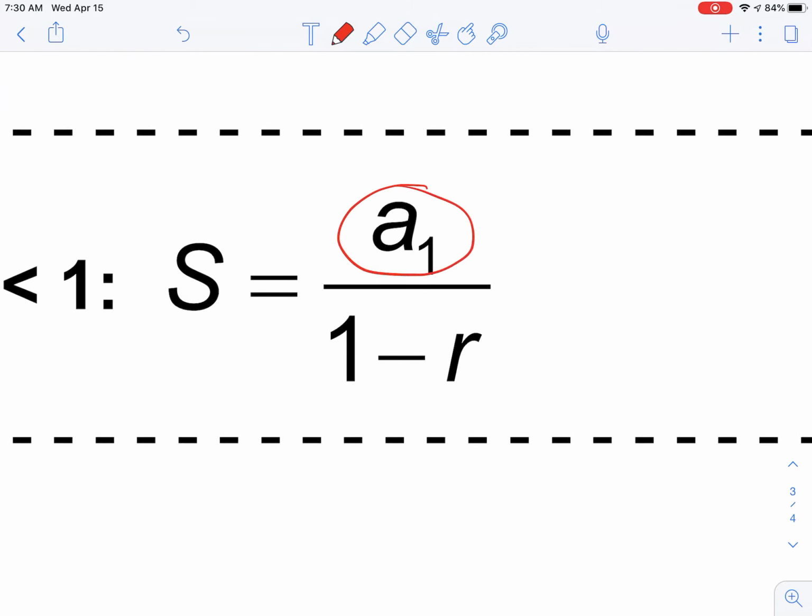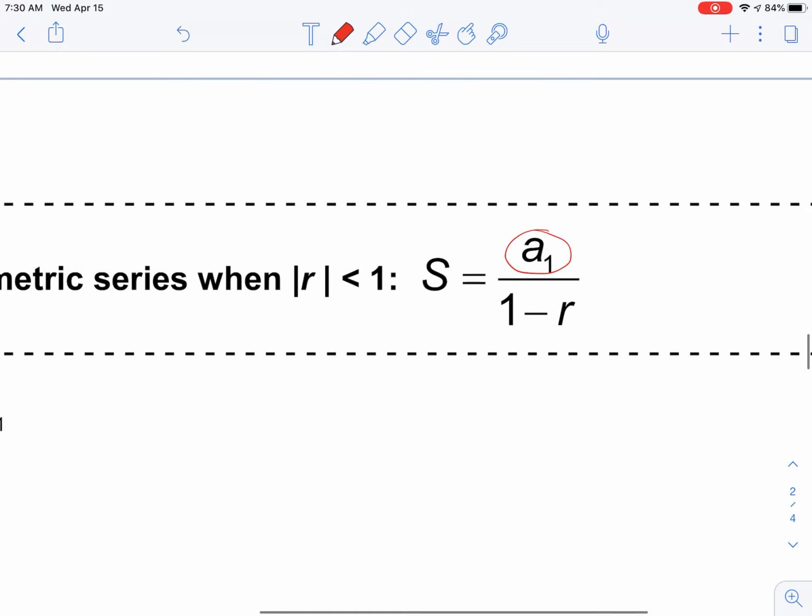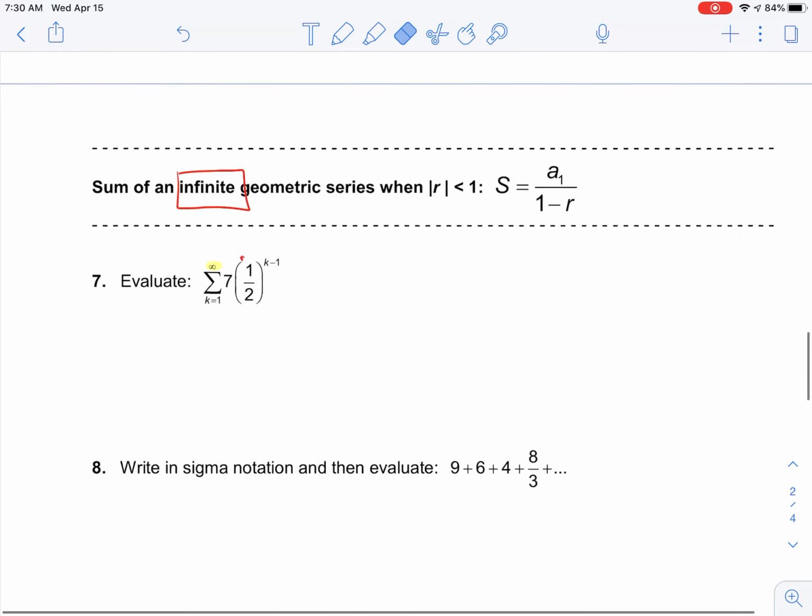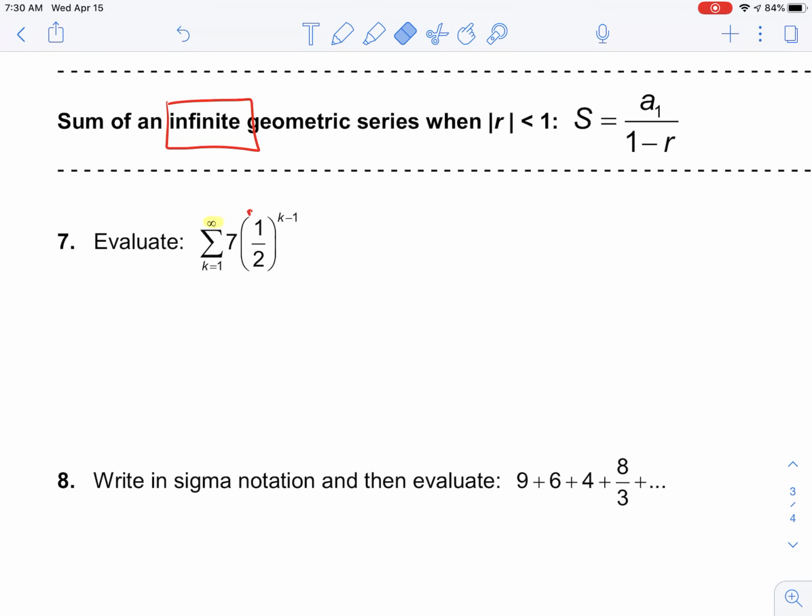That's why it just is the first term up on top, because basically you're multiplying by what's in the parentheses on top, which technically becomes 1 because that ratio to a very, very large number becomes 0. So that's kind of where this all comes from. So with that being said, if I want to find the sum, you're going to love this.